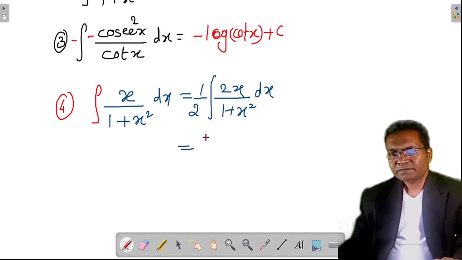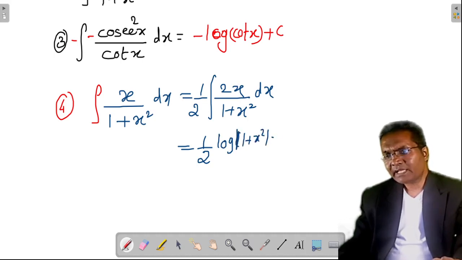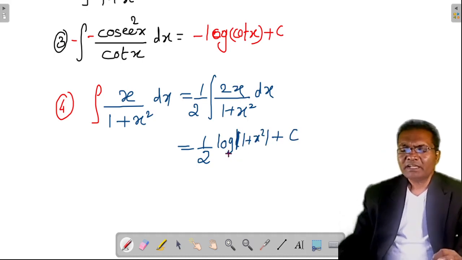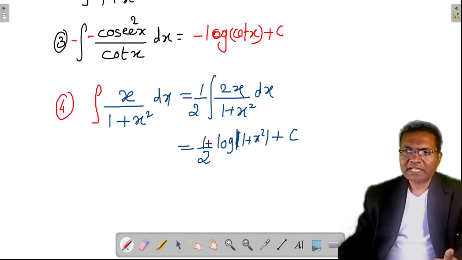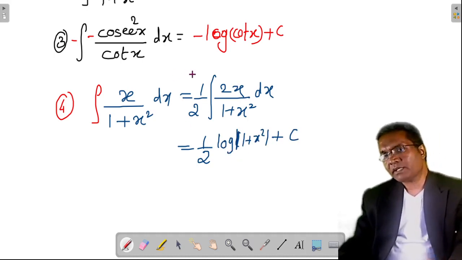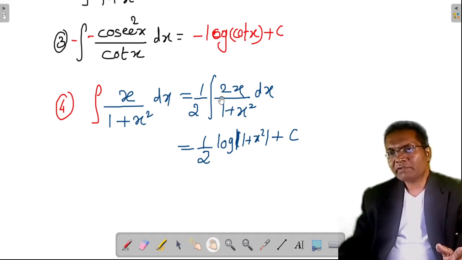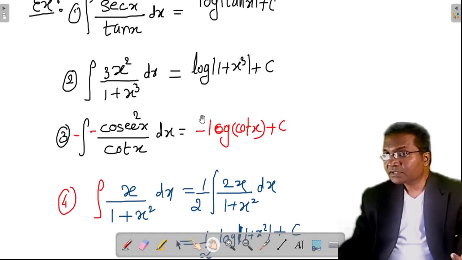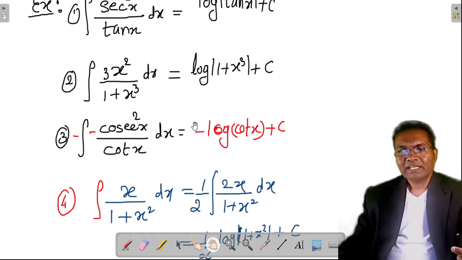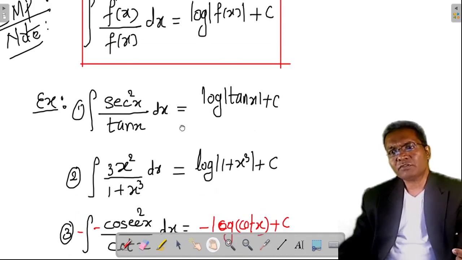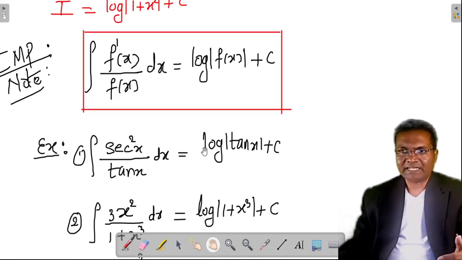Now look, the derivative of 1 plus x square is 2x here. So you can write directly it as log of 1 plus x square plus c. In case of differential equations you use this property, because solving by substitution every time is quite lengthy, so you can make use of this result directly.